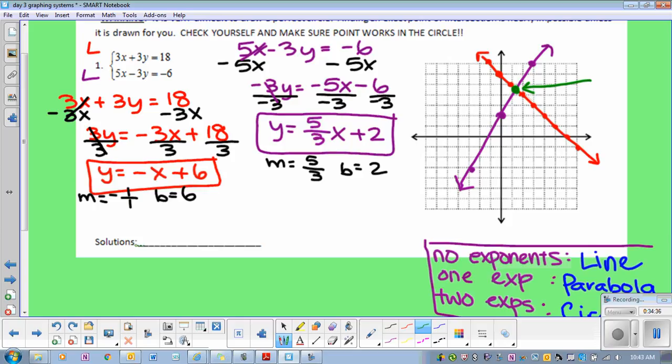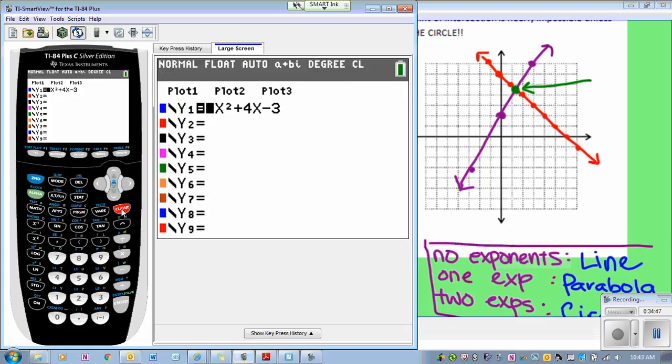Okay, so when we do this, we can go to the calculator and have Blinking Bob help us. Oh, you guys are going to love this. Go to your calculator. Go to your y equals. Let's put in our first equation that we solved for y: negative x plus 6, right? What was the second one?